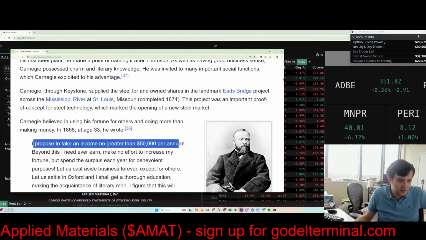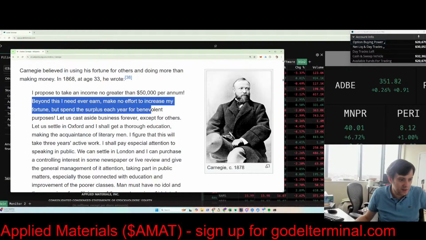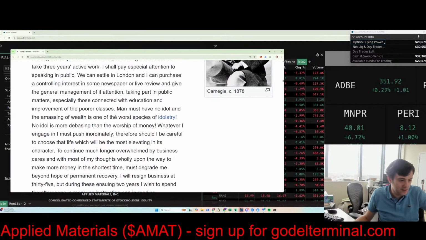I propose to take an income no greater than 50,000 per annum. Beyond this, I need ever earn, make no effort to increase my fortune, but spend the surplus each year for benevolent purposes.